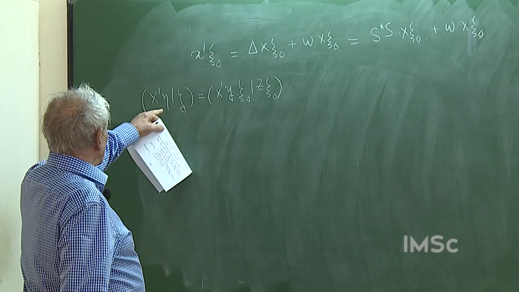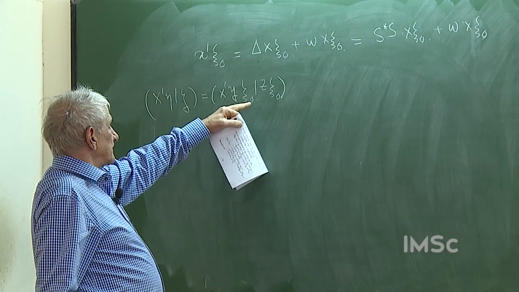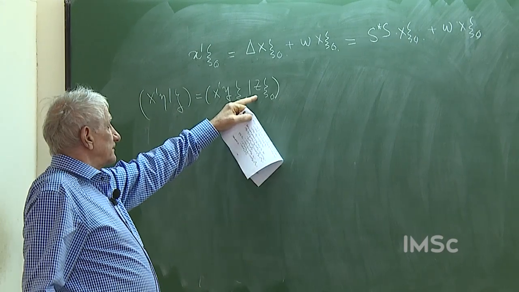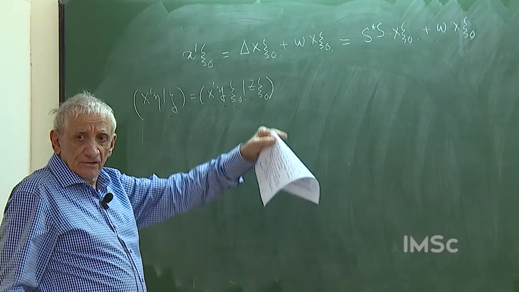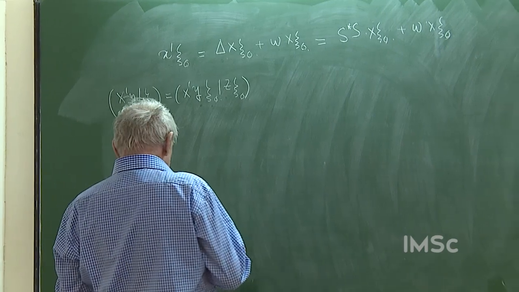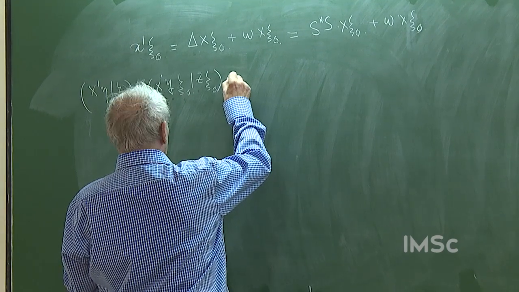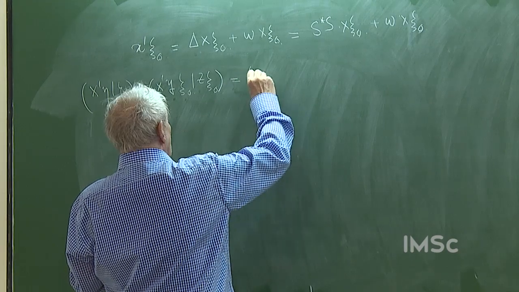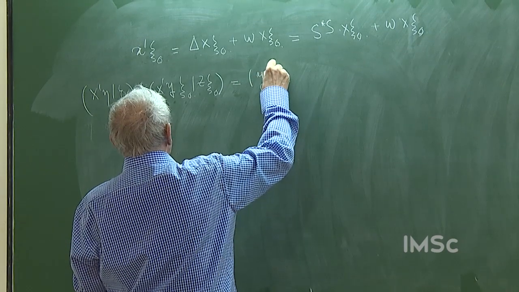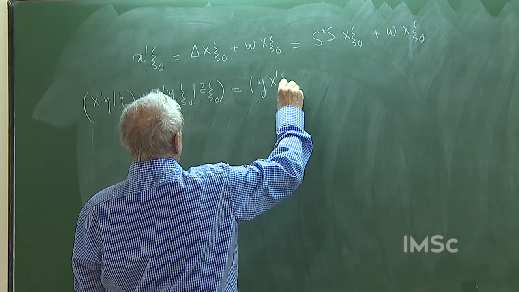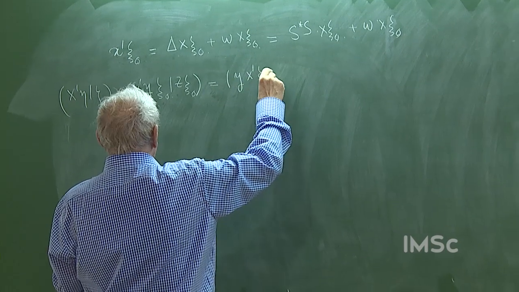This is just because eta is y zeta 0 and zeta is z zeta 0 in there. Okay. And after that, this is equal to y x prime zeta 0, which is just a simple commutation.